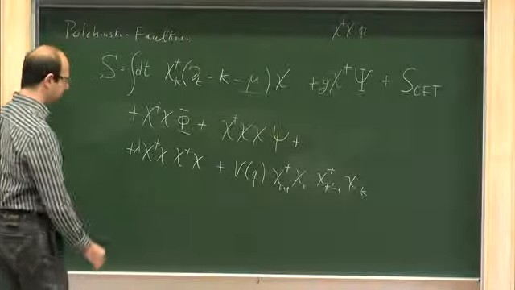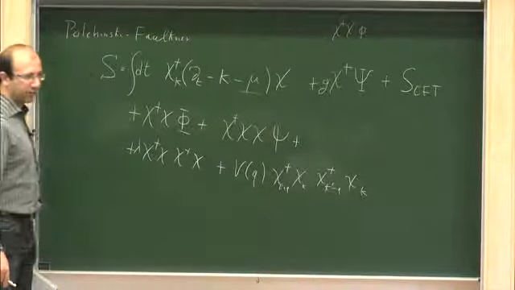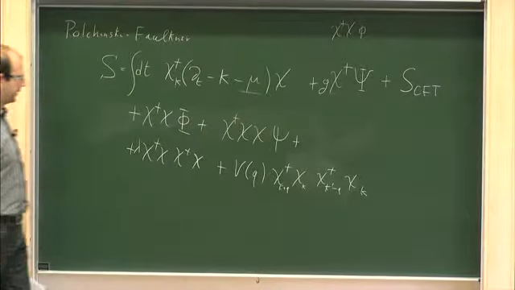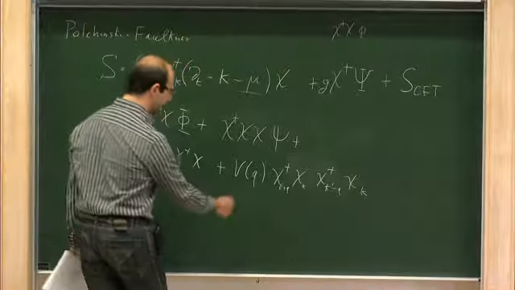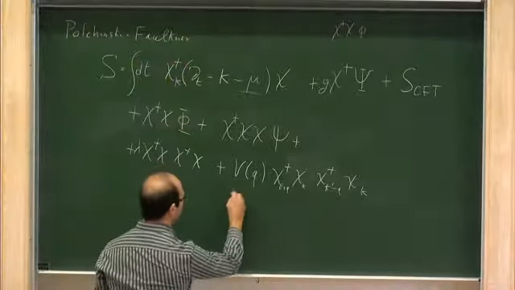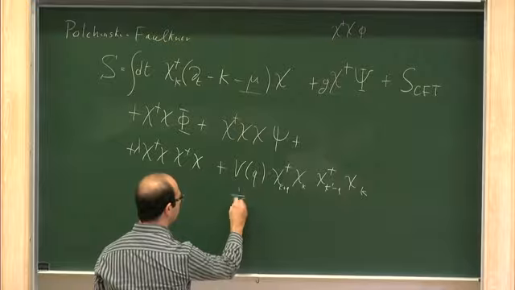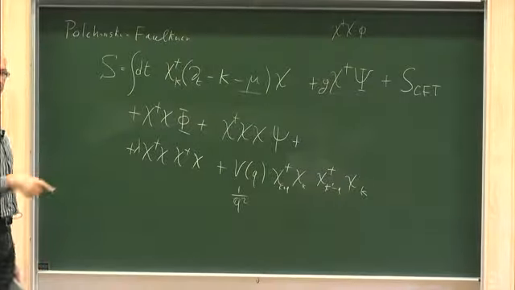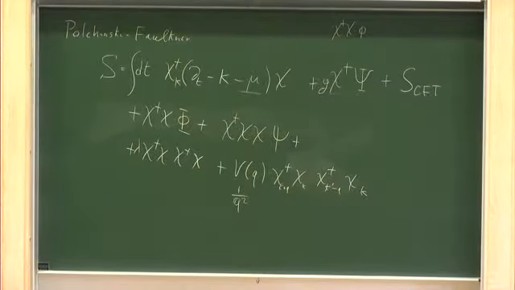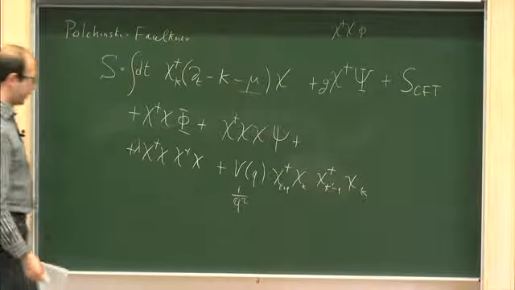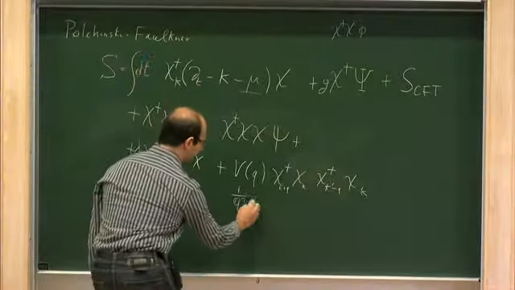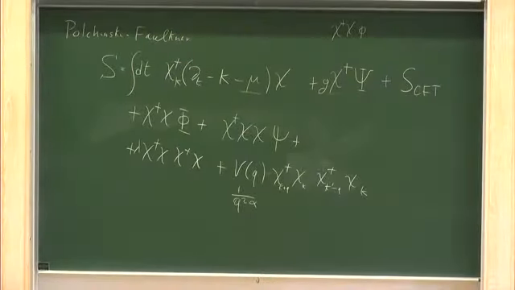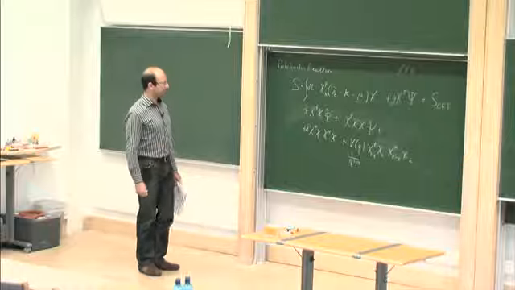So we assume that there is some short-range interaction where the coefficient is not a singular function of the momentum, and this V(q), which will typically be 1 over q squared or some other power, because this V can also get contributions from the exchange of bosons in the conformal field theory, which could lead to exponents like q to the alpha with alpha less than 1 generically, so something milder than a Coulomb interaction.